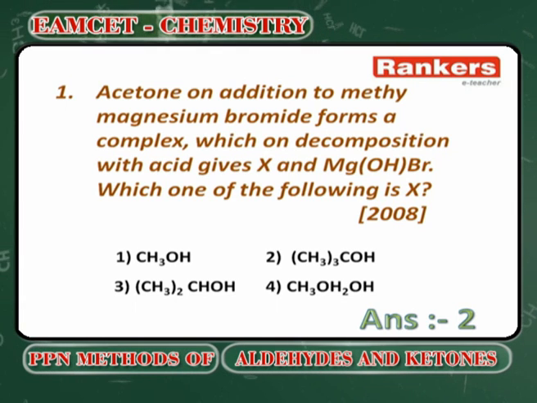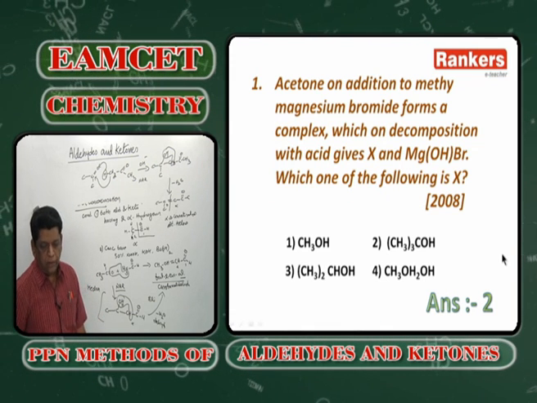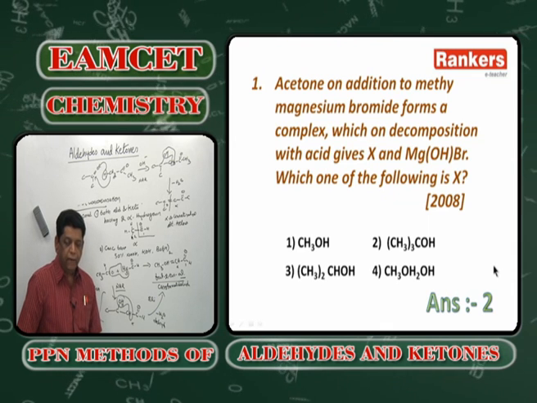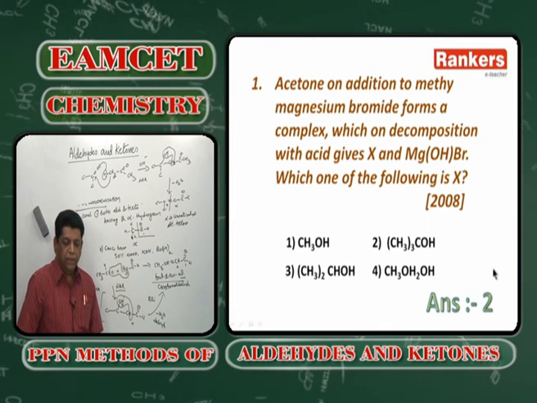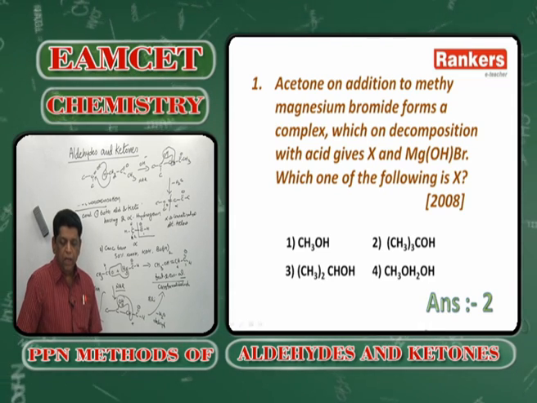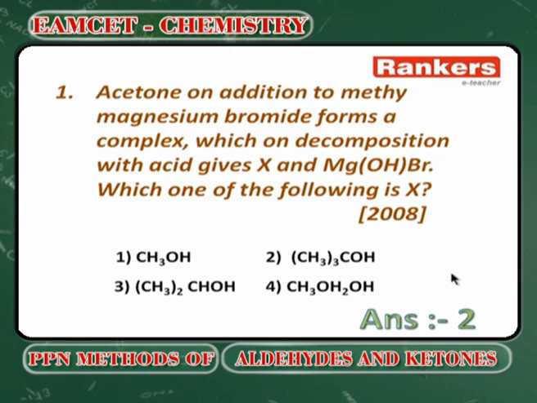So alcohol comes and magnesium salt also comes. Which one of the following is X? Decomposition gives the alcohol. What is that alcohol? Acetone we have taken, 2 alkyls are already there, 2 methyls are there, another methyl we are adding. So the compound will be an alcohol containing 3 methyls, that is, answer 2, tertiary butyl alcohol is the right answer.